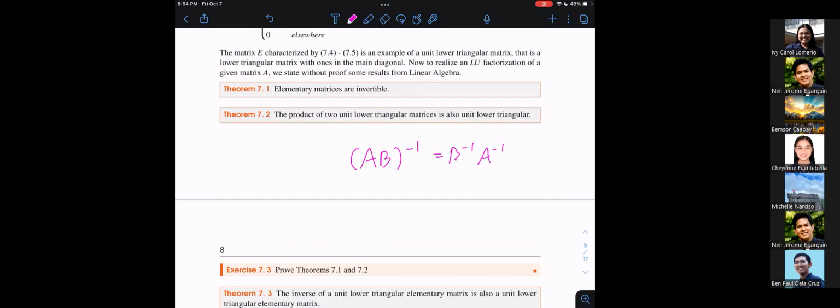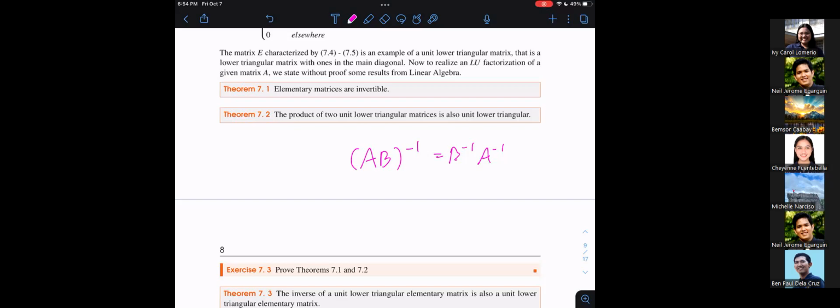Ano? Tama nga ba? Tama to. Pero I was thinking, kapag invertible yung product, totoo ba na invertible yung factors? Yeah, let's ponder on that.